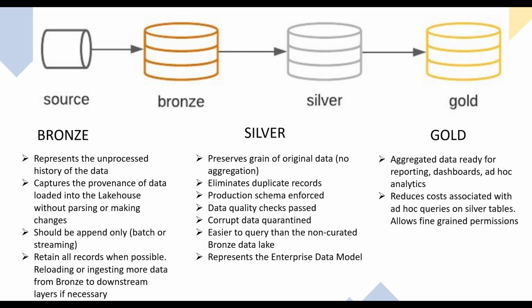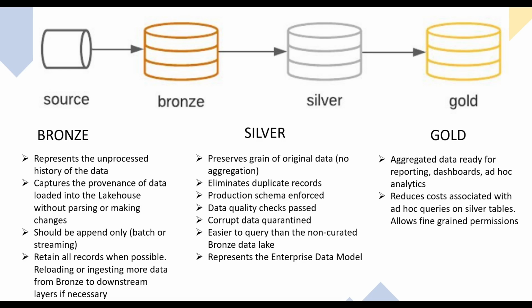And the reason, at least one of the reasons, is if there is a problem downstream and there is some data missing or whatever, we can come back to the bronze layer and get the data that we need, right? Simple as that.